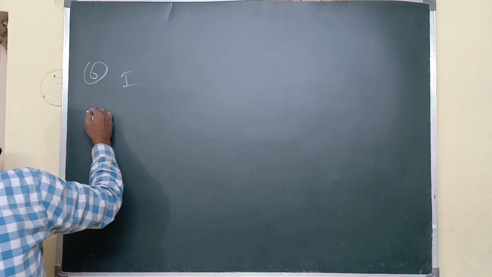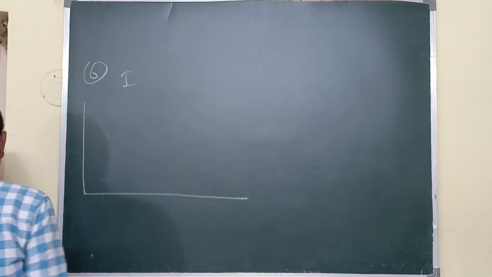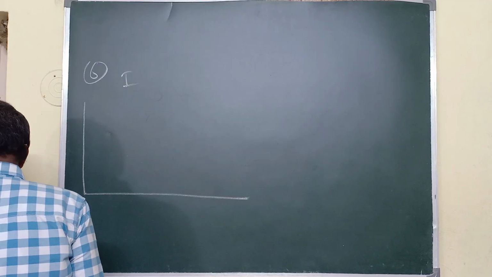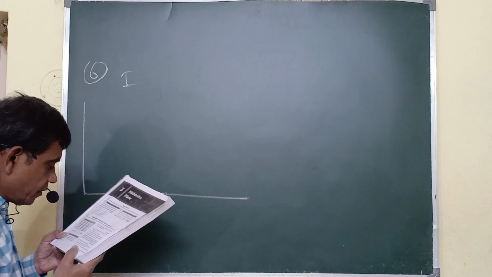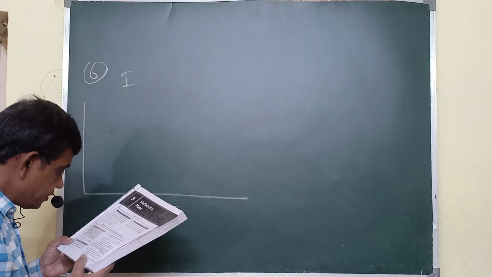Here, in the first case, both are at 45 degrees. One has speed V0 and the other has speed V, both making 45 degrees.